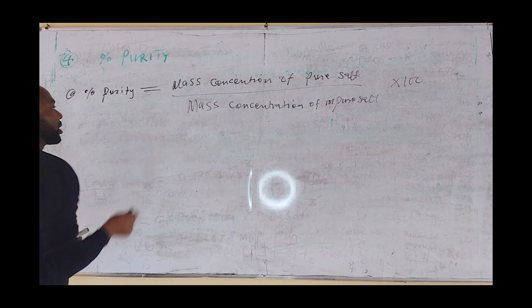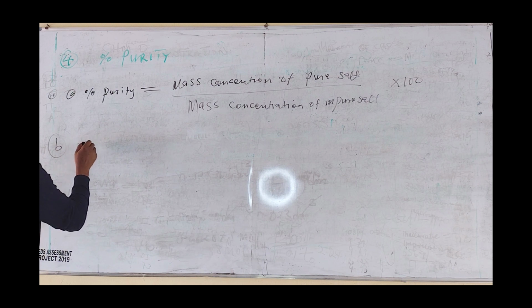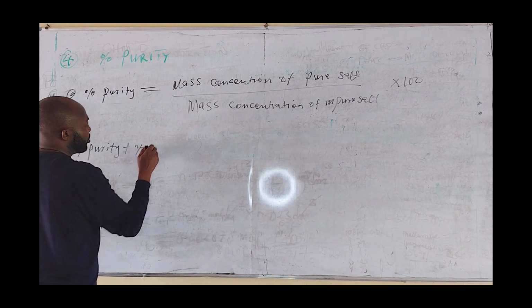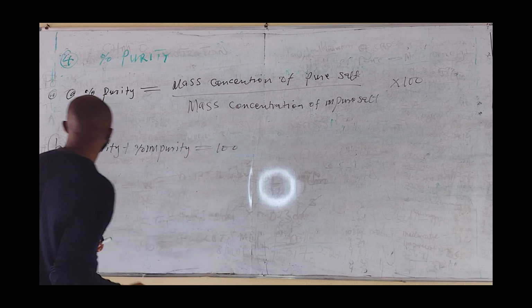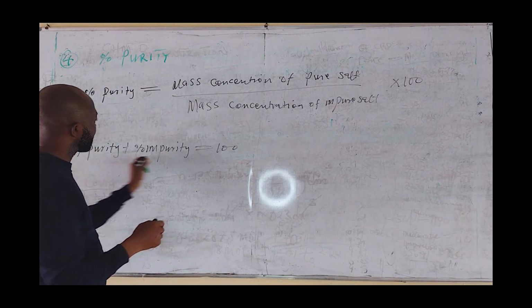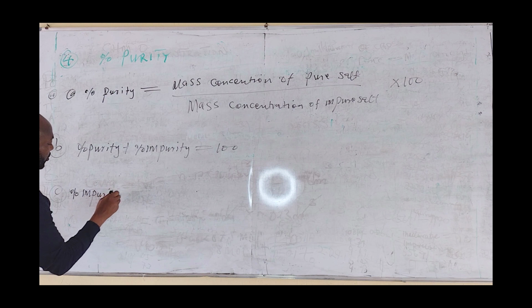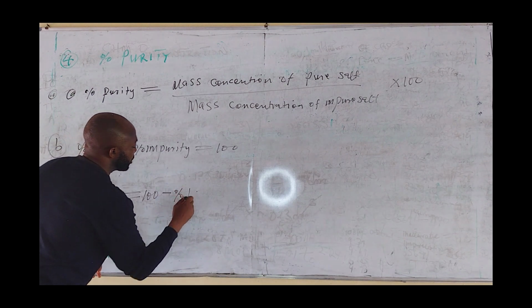So that is it. This is A. We have another formula that is also associated. B, we say percentage purity plus percentage impurity is equal to 100. C, if this is equal to this and this is what it is, then percentage impurity is equal to 100 minus percentage purity.